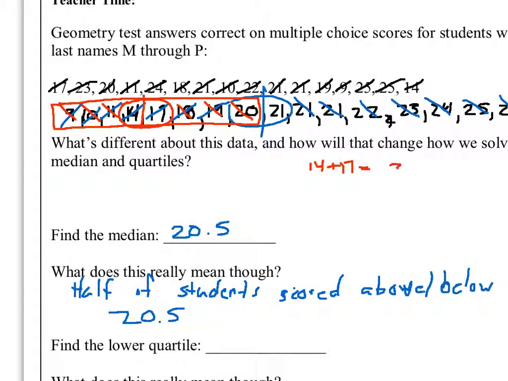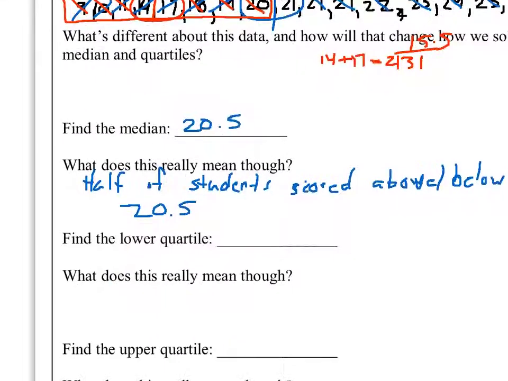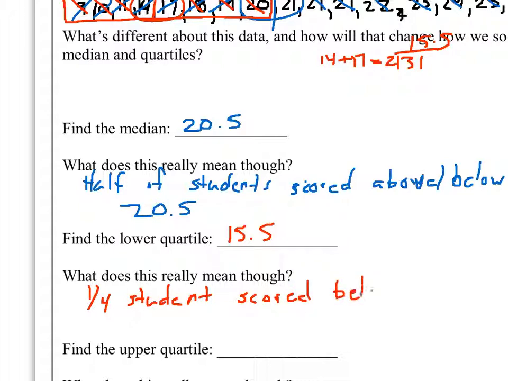So it's going to give me 31 divided by 2 is going to be 15.5. One-fourth of students scored below 15.5.